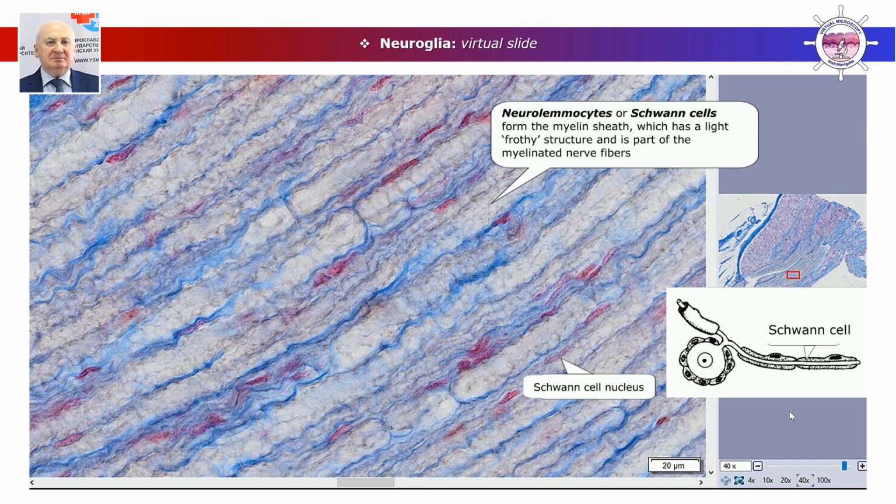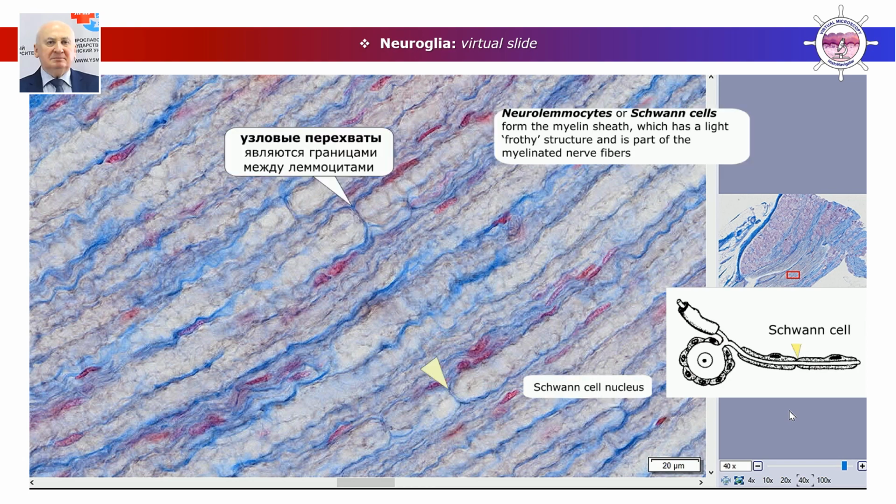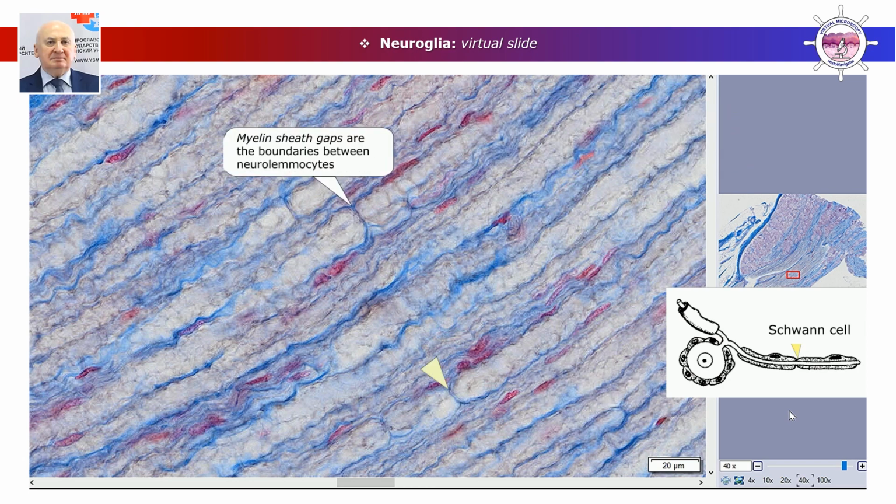Neurolemocytes or Schwann cells form the myelin sheath, which is part of the myelinated nerve fibers. Myelin sheath gaps are the boundaries between neurolemocytes.